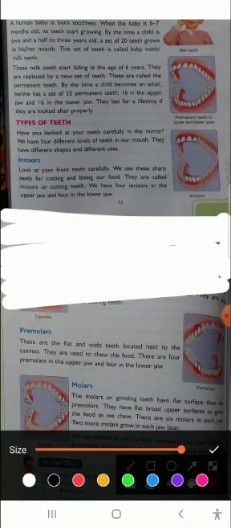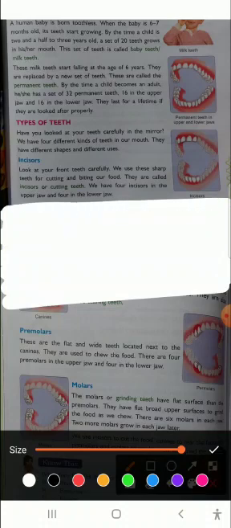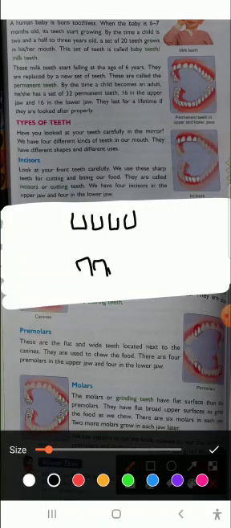Suppose this is our whiteboard. Now you have to make the incisors. How will you make them? The flat four surfaces: 1, 2, 3, 4, and 1, 2, 3, 4. 4 at the upper jaw, 4 at the lower jaw.